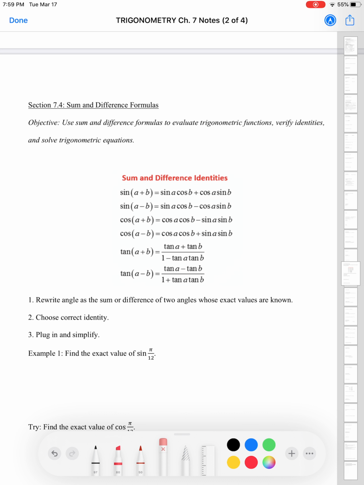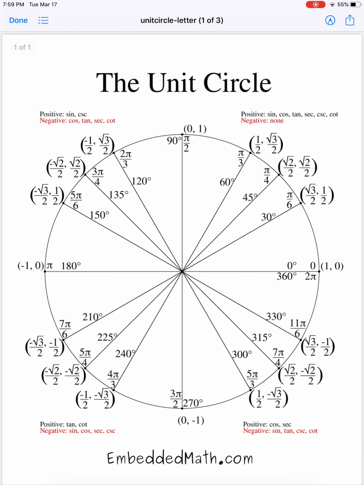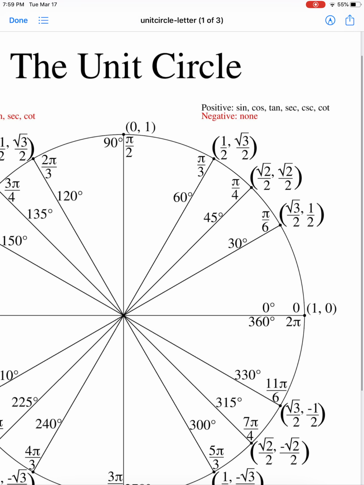But before we get started, I want to back out and go to our unit circle here, and just direct your attention to the first quadrant.